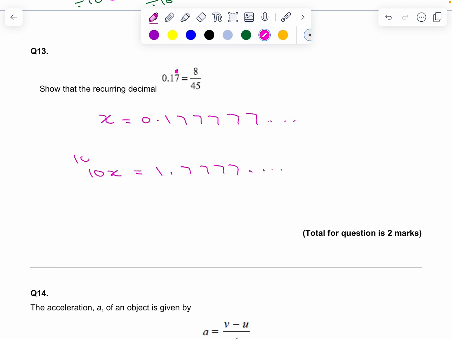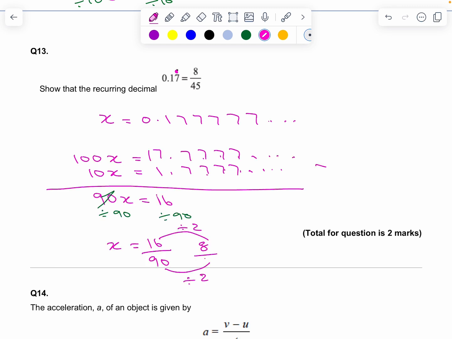And then we're going to divide both sides by 90 to leave x on its own, so x equals 16 over 90, and then we can simplify. Both top and bottom are divisible by 2. 2 is the biggest number that goes into 16 and 90 to give us 8 over 45. And that's it. So we've done that.